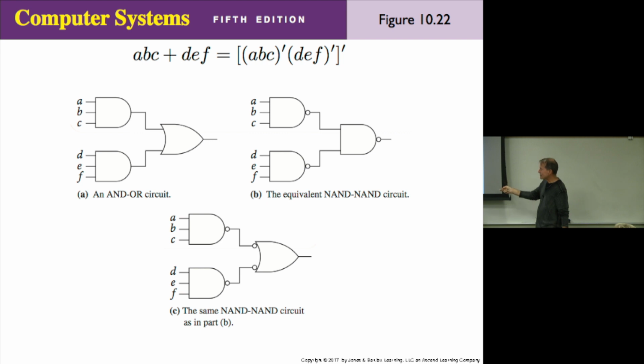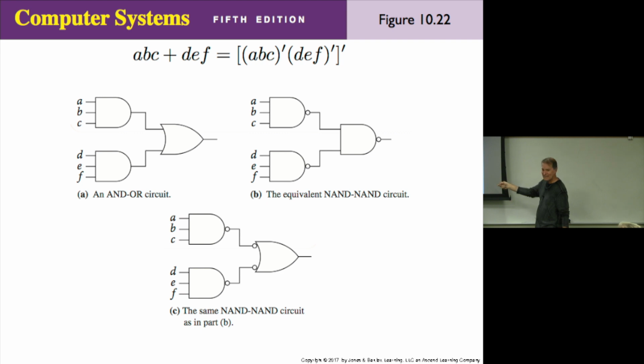These NAND gates have the same geometric shape as these AND gates in part A. Are you with me? And this inverted input OR gate has the same shape as the OR gate in part A. And furthermore, you can see that this little invert circle on the AND does what?